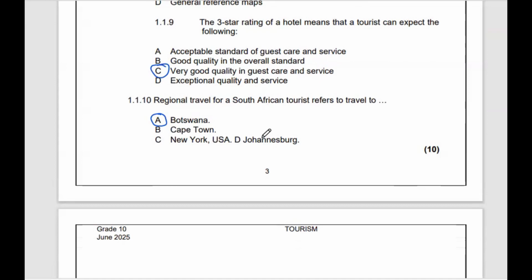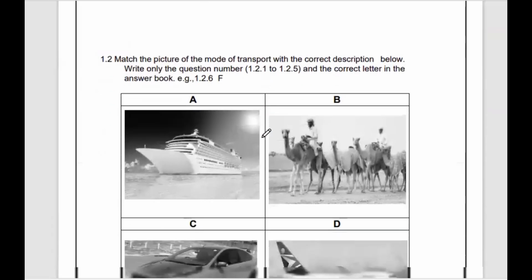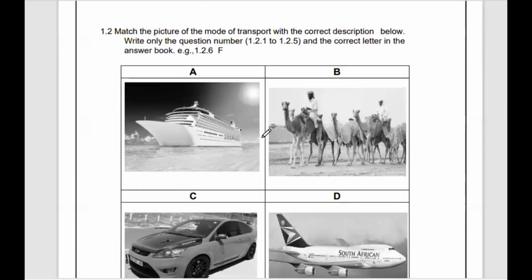Now moving on to the next section. We have been given images there. The question reads, match the picture of the mode of transport. The topic in focus is transportation in the tourism industry. Match the picture of the mode of transport with the correct description below. Write only the question number 1.2.1 to 1.2.5 and the correct letter in the answer book, e.g. 1.2.6 F. So we have A, which is a cruise liner.